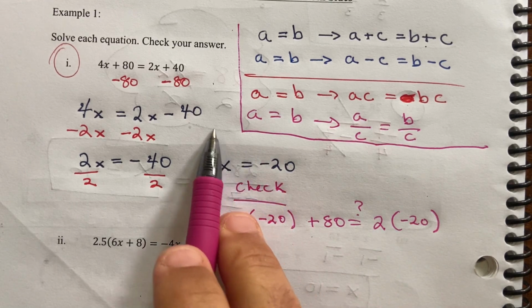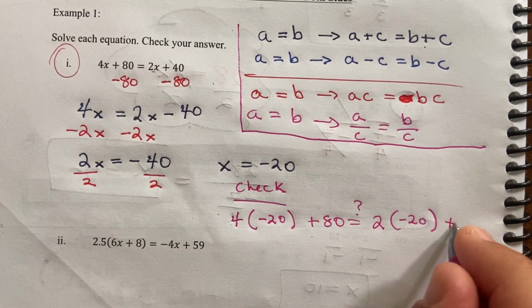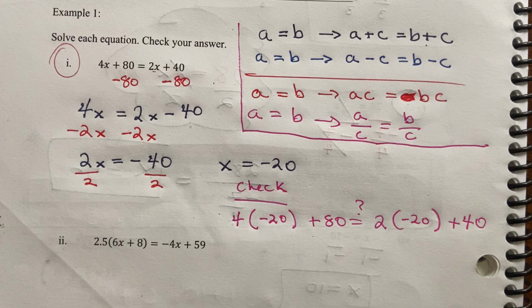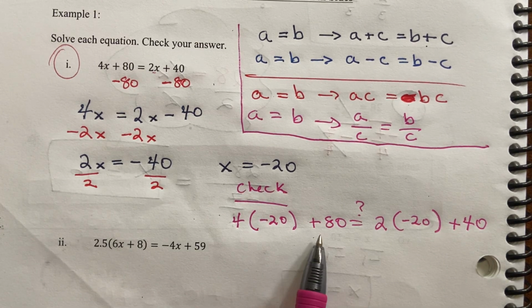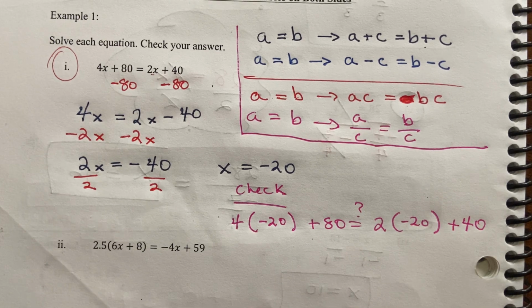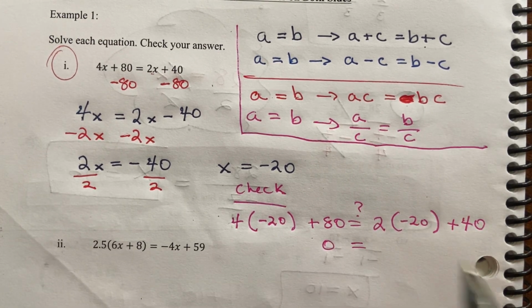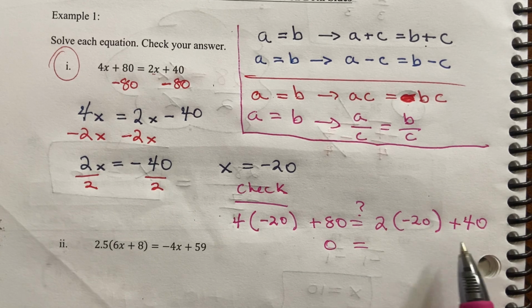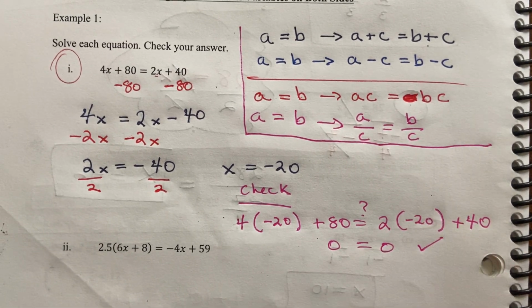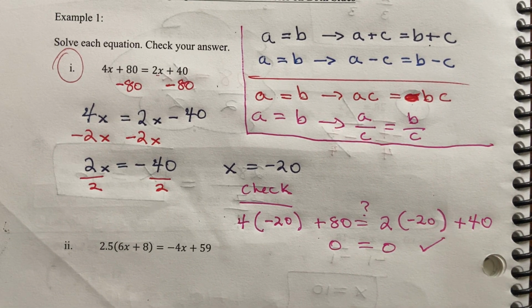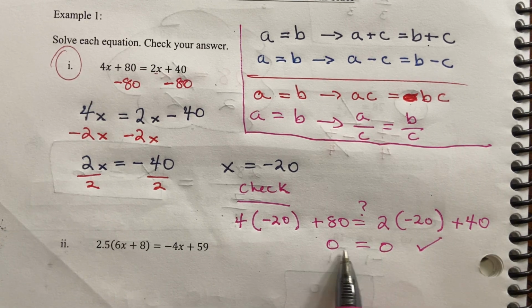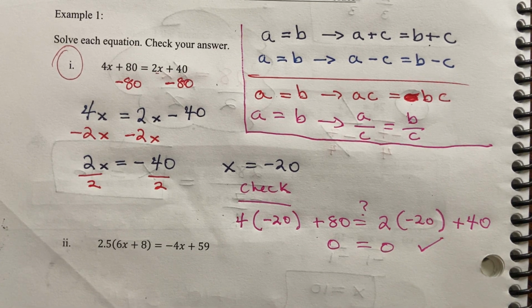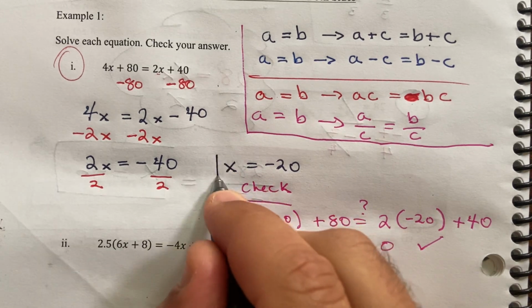Also putting negative 20 here for x, any occurrence of x. So this looks like negative 80 plus 80, right? That would be a 0 on the left. This would be negative 40 plus 40, so 0 does equal 0. That tells me that's a true solution, right? This is a true statement. So this tells me that this is indeed the solution here.